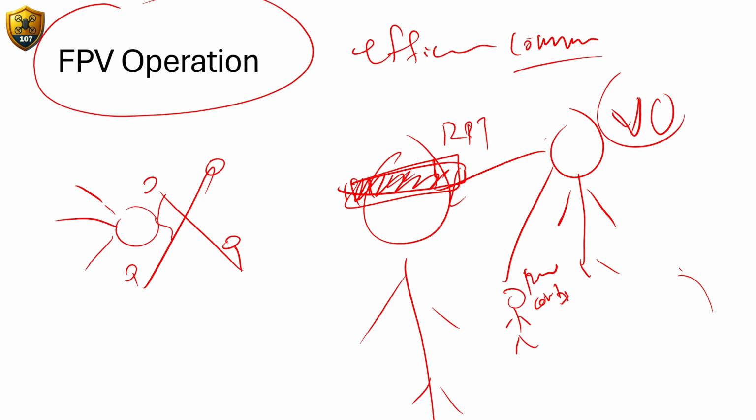The visual observer also has to see the drone with his own eyes. He can wear corrective lenses, but he should not use a binocular or a telescope to locate the drone.